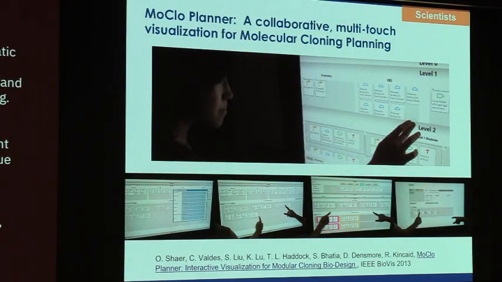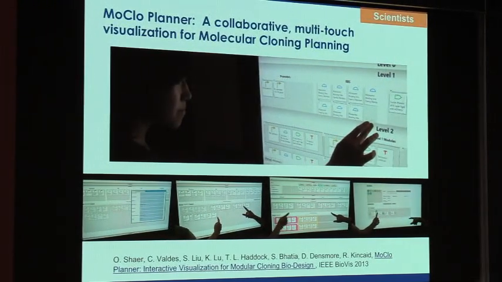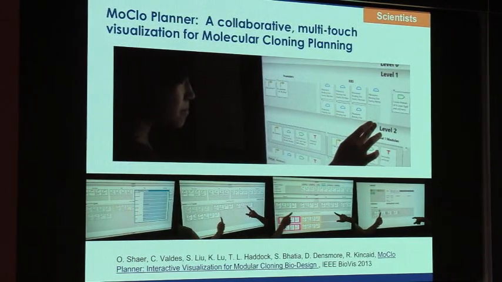And we worked closely with scientists, particularly with Doug Densmore's Group for Synthetic Biology at Boston University, where we developed MoClo Planner. MoClo Planner is a collaborative tool for visualizing and planning molecular cloning. Molecular cloning is a set of experimental methods in biological engineering that are used to assemble DNA and to plan how to replicate that DNA within host organisms.